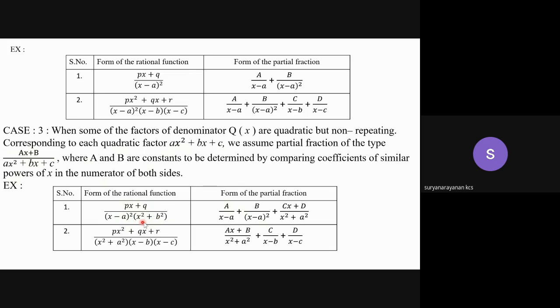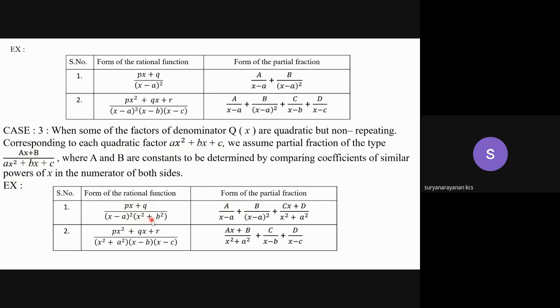In this case, this quadratic polynomial is called an irreducible quadratic polynomial. If a quadratic polynomial cannot be expressed as a product of two linear polynomials, then the quadratic polynomial is called an irreducible quadratic polynomial.